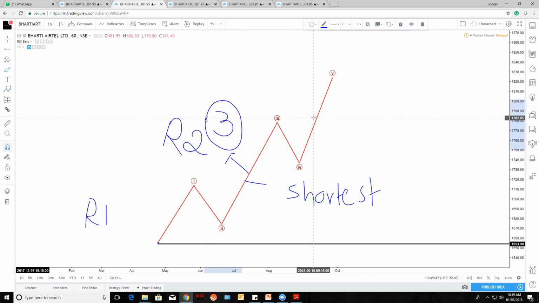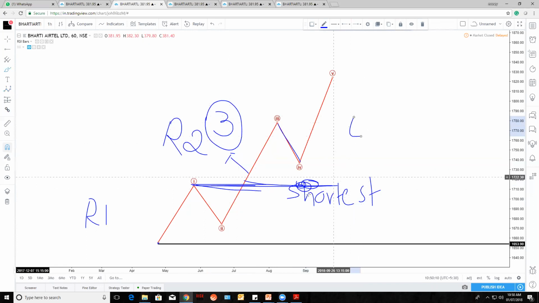And what is the last rule? The last rule is that wave 4 cannot overlap the area of wave 1, except in a diagonal.